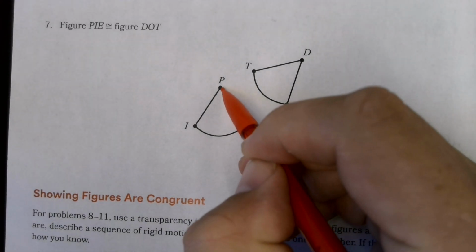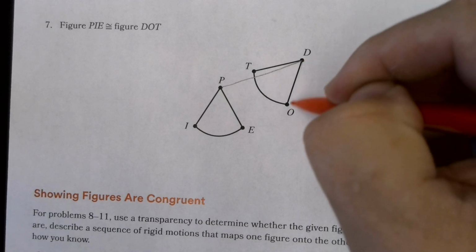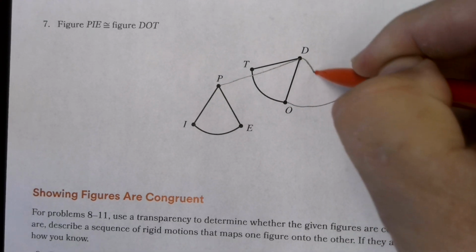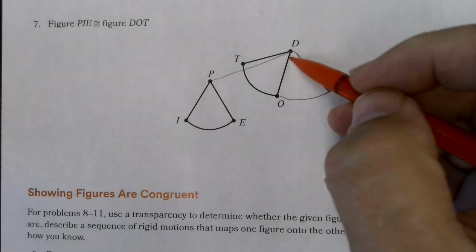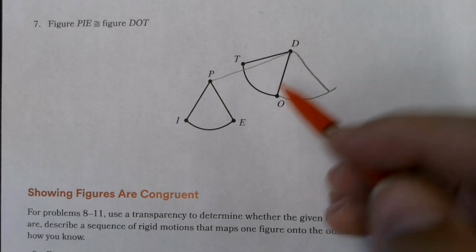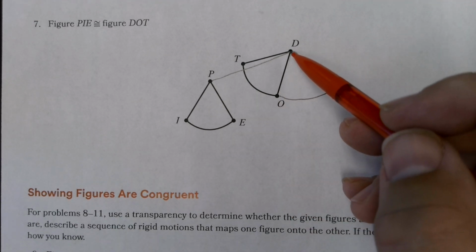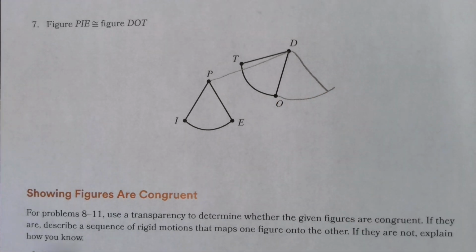So if we translate from P to D, it's kind of like we have right there. And then we would need to, again, reflect over that line there.